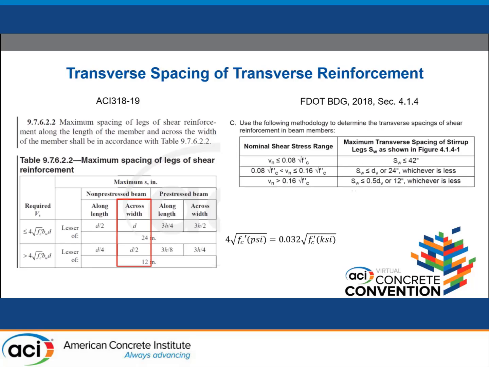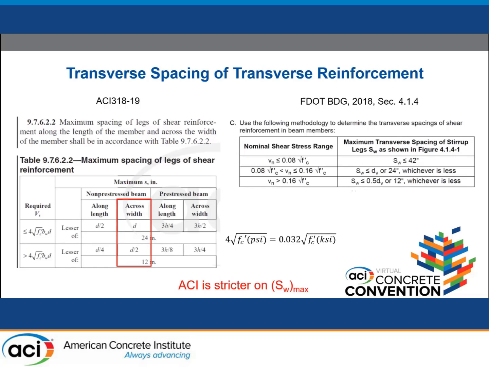So we did some literature review, and we found that the Florida DOT did provide some limit on the maximum transverse spacing that can be used in a section. We compared these two methods, and it looks like ACI is a little bit stricter.